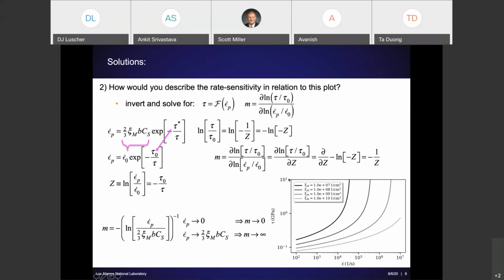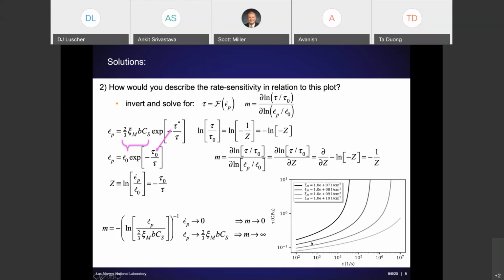If I plot log of stress versus log of strain rate, then the slope of that is my M, essentially, or proportional to M. So we see these limiting conditions: as we decrease the strain rate, we're decreasing the rate sensitivity. As we increase the strain rate up to some limiting value, the slope grows without bound up to infinity.